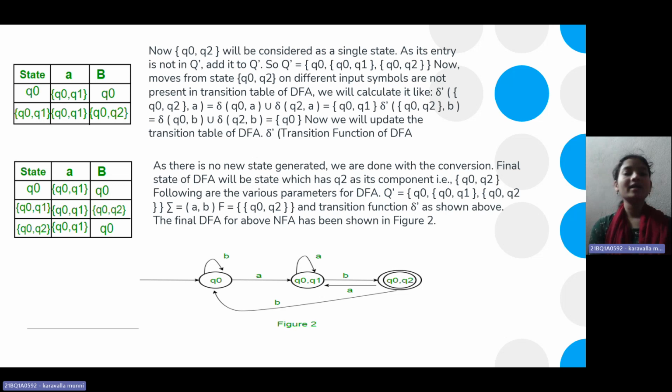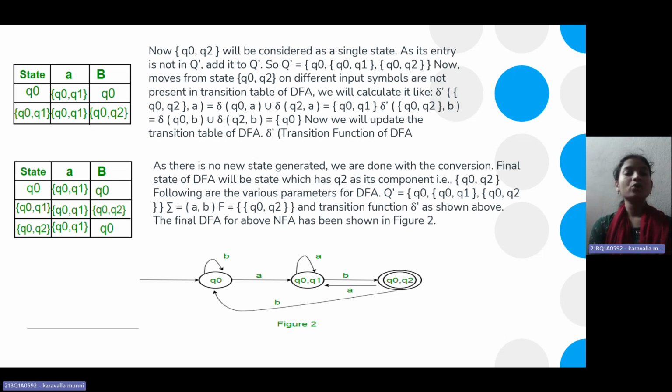We will calculate it: transition of Q0Q2 on A equals transition of Q0 on A union transition of Q2 on A, equals Q0Q1. Transition of Q0Q2 on B equals transition of Q0 on B union transition of Q2 on B. Now we will update the transition table of the DFA.